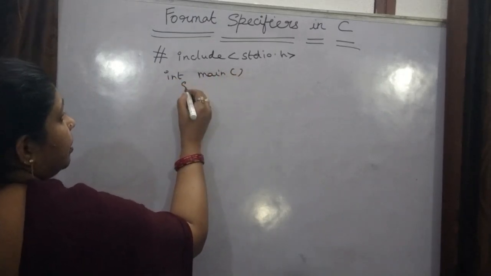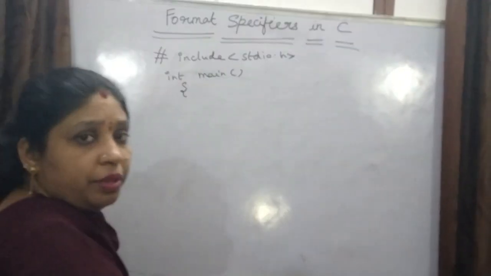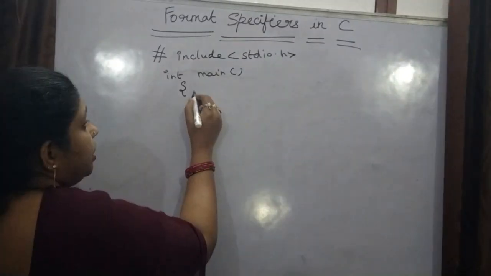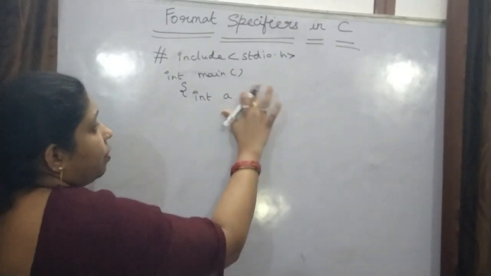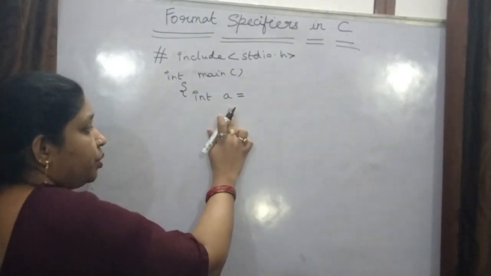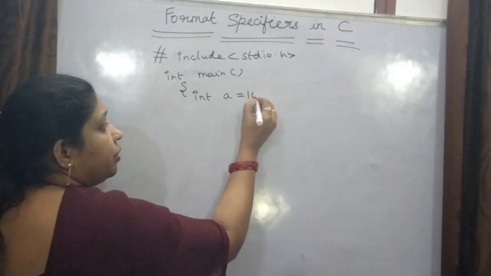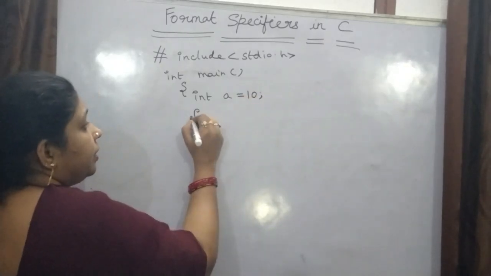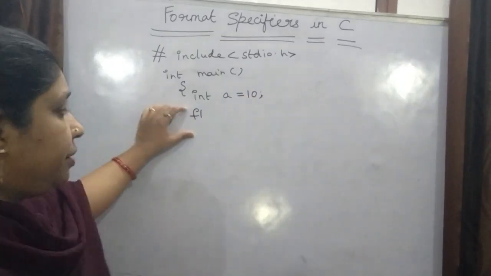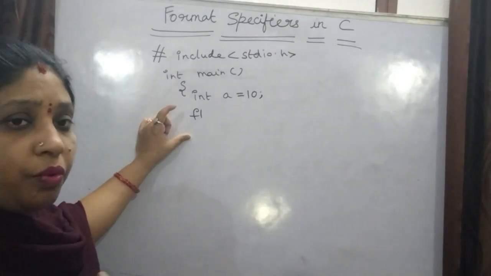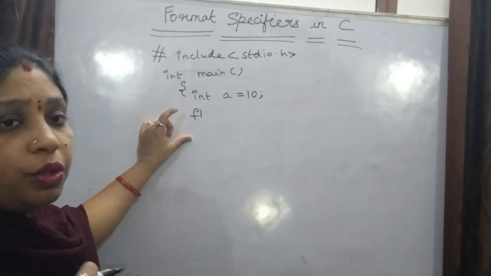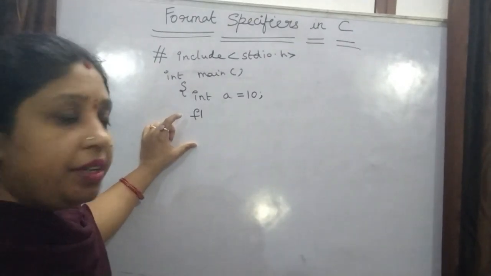Open the braces. Now here declare the variables first. Now I will declare the variables and assign the values. And I'm going to write different data types so that you will understand what format specifiers you will use for different data types.